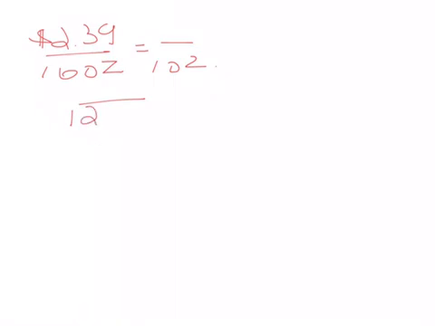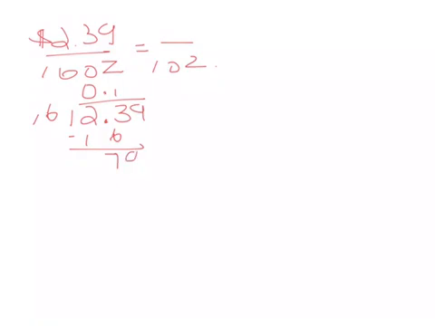So $2.39 goes inside the doghouse and 16 goes out. 16 cannot go into 2. 16 goes into 23 once. I subtract and I get 7.